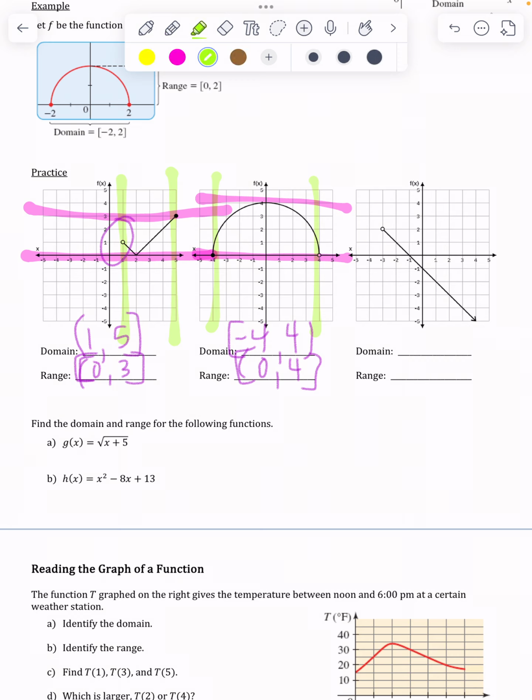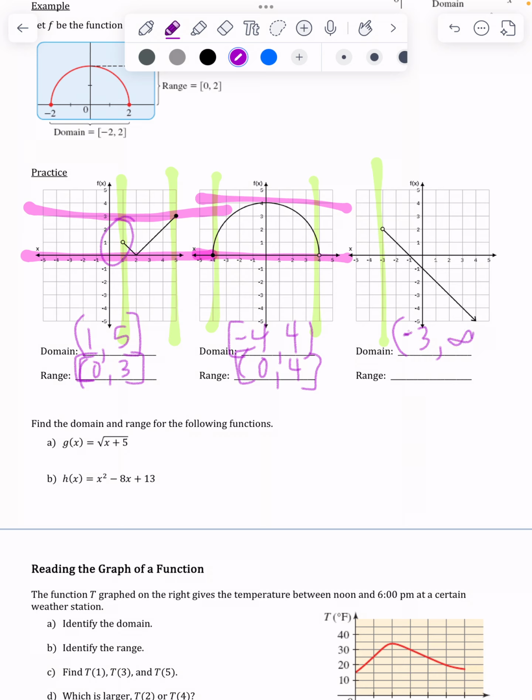For this next one, my domain is -3 to, I don't know, keeps going forever and ever. And that is an open dot, so -3 to infinity.